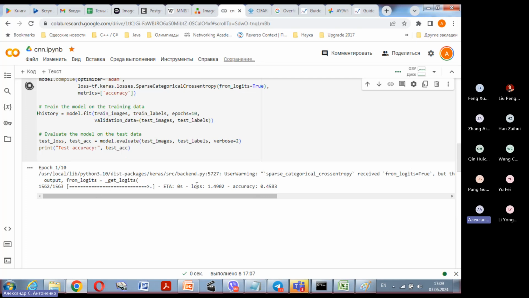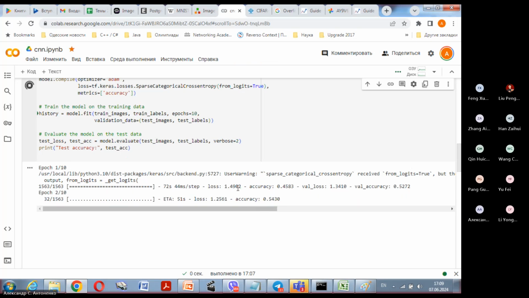So how does it work? You can see that loss is constantly decreasing and accuracy constantly increasing. During this first epoch, we train our model on each sample.